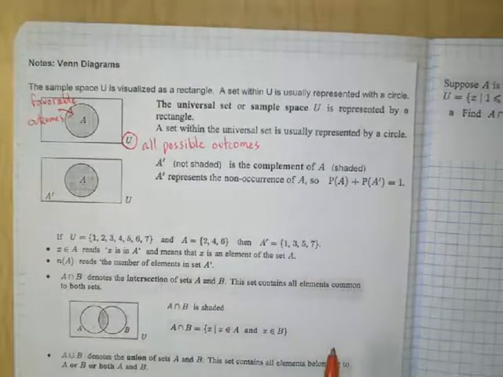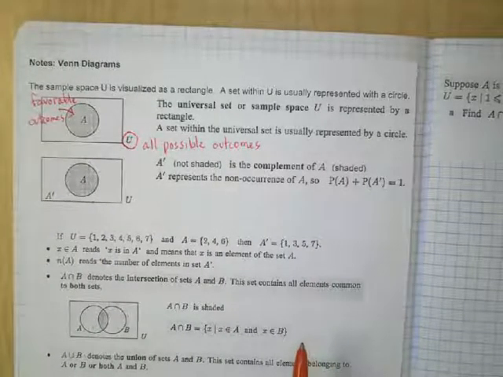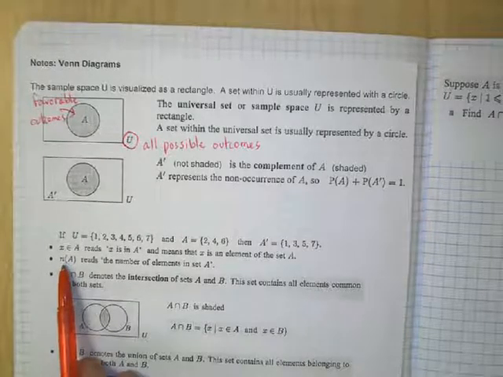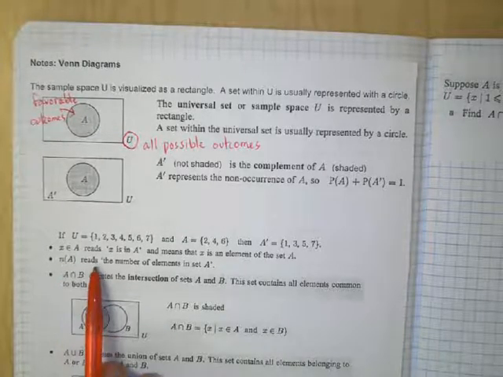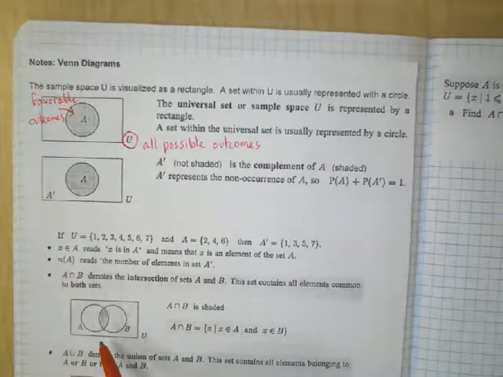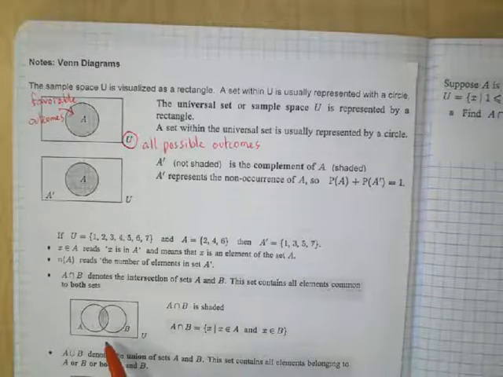The next thing that I want to talk about is right here. This notation, N of A, reads the number of elements in set A. We can use a Venn diagram to not only do probabilities, but also to figure out the overlap of 2 sets.